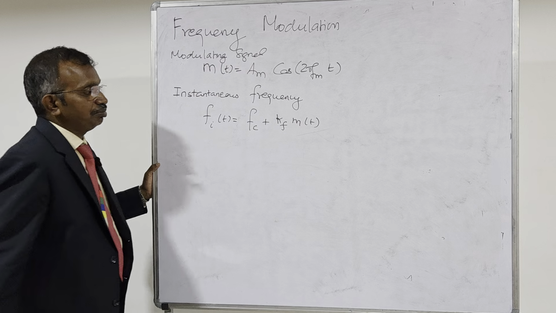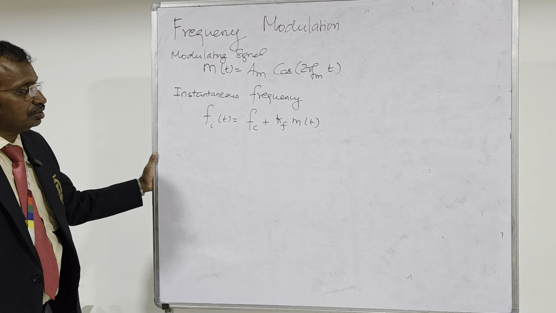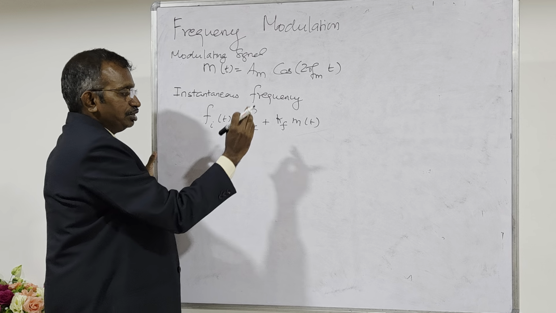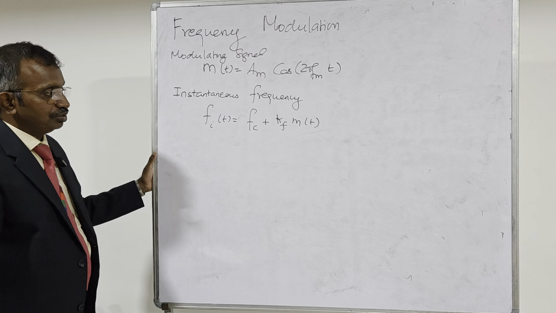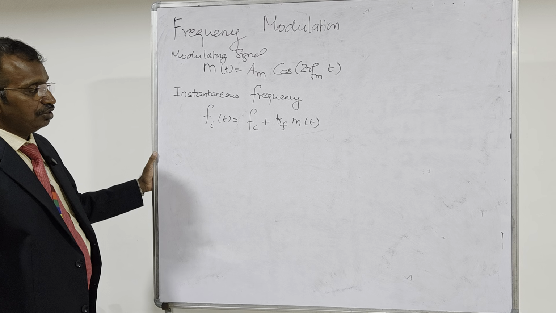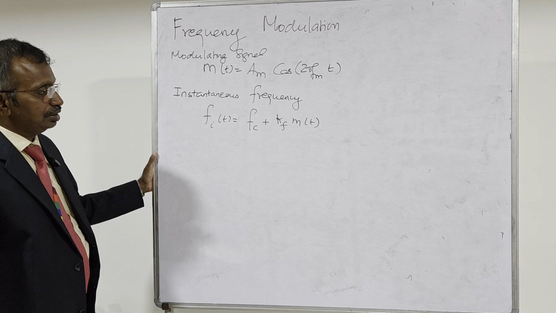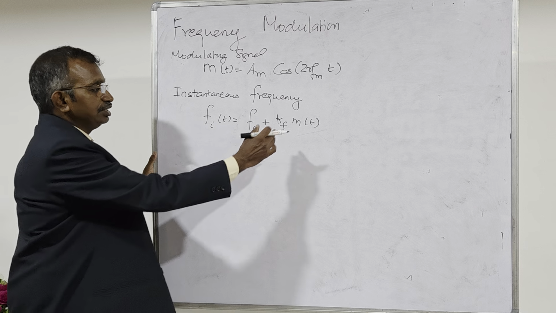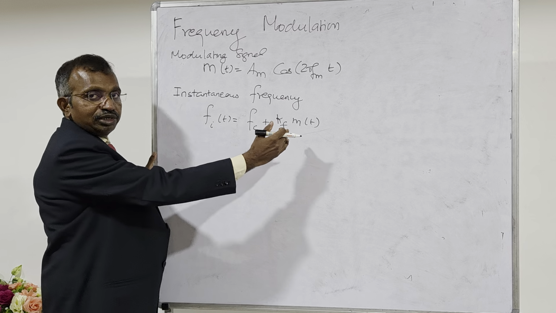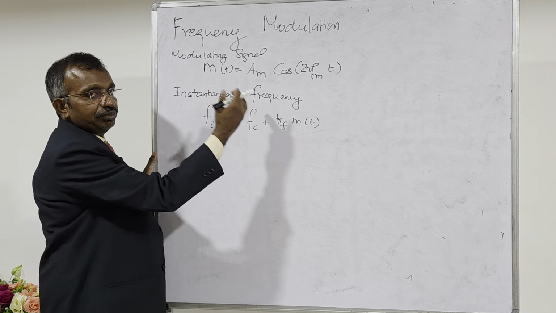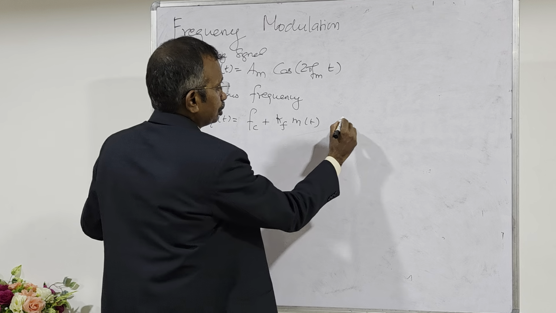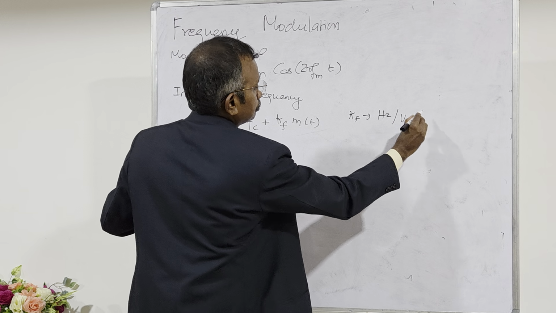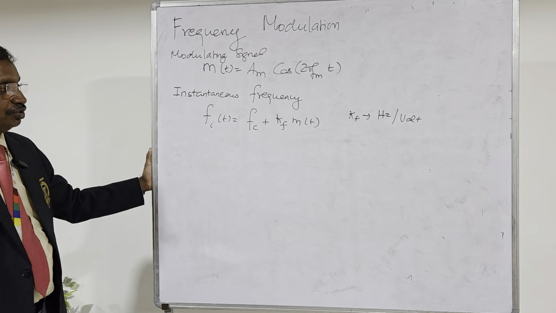Kf is the frequency sensitivity, m of t is the message signal and Fc is the carrier frequency. Kf is given in hertz per volt, and m of t is in terms of volts. So volt and volt get cancelled, and the final answer will be in terms of hertz.